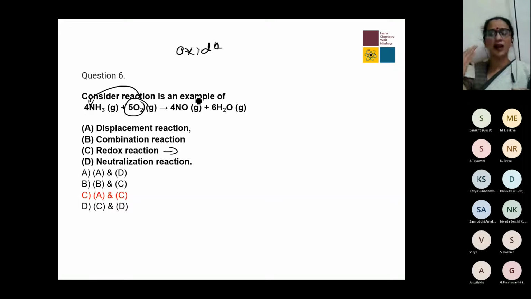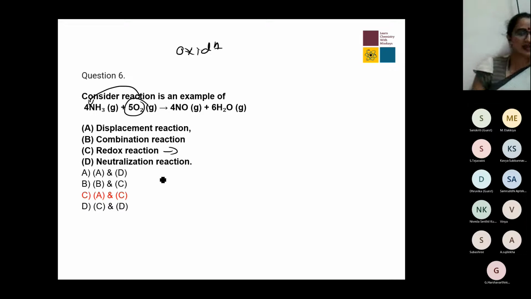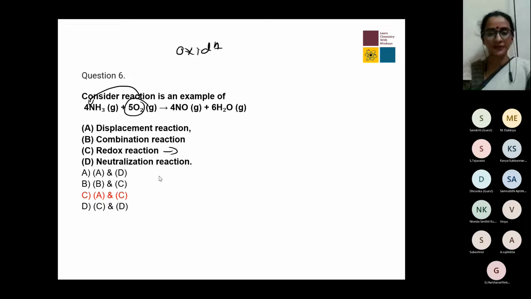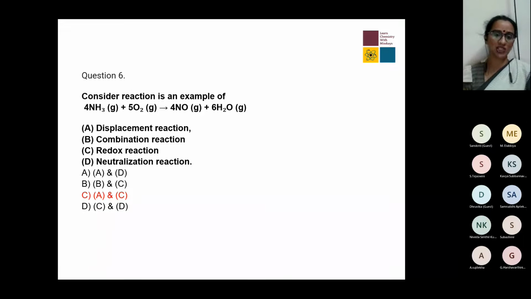If I'm going to add oxygen or remove hydrogen, when I remove the hydrogen, it has to go somewhere. It cannot just randomly float in space, correct? So when that hydrogen is added onto another molecule, it becomes reduction. So your oxidation and reduction will always work in tandem. It will always work hand in hand. All right. So this is how you can identify what is the type of reaction that is taking place.